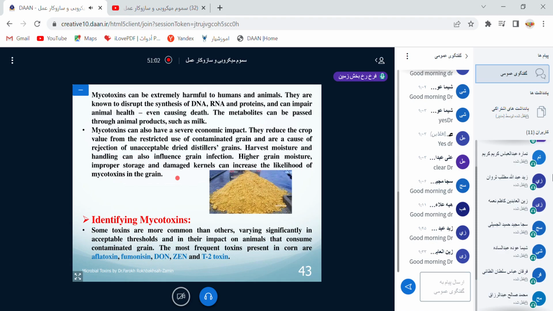As much as humidity and water in the food is more, the activity of fungus is more also. As much as it is more active, production of mycotoxin is more.